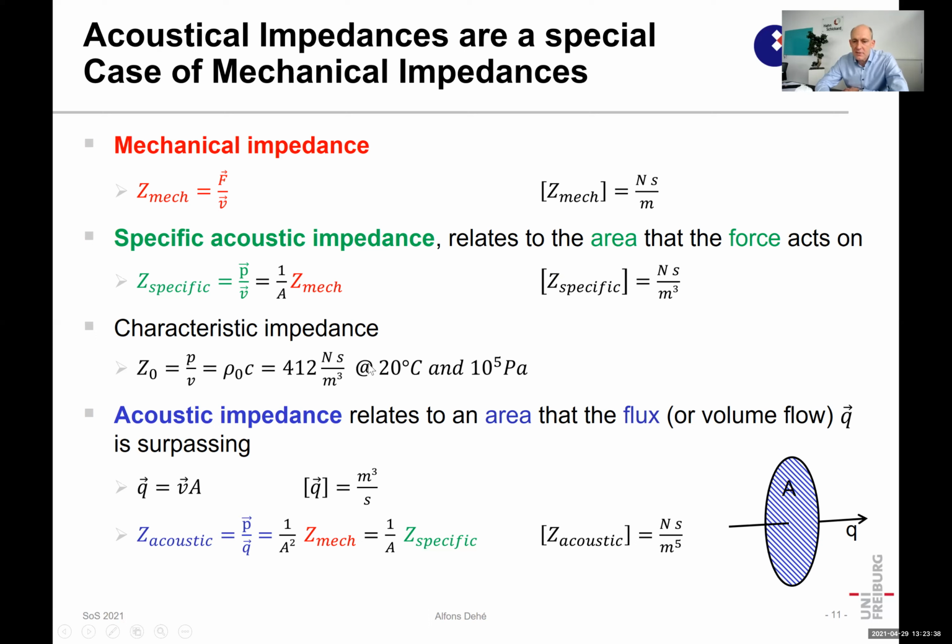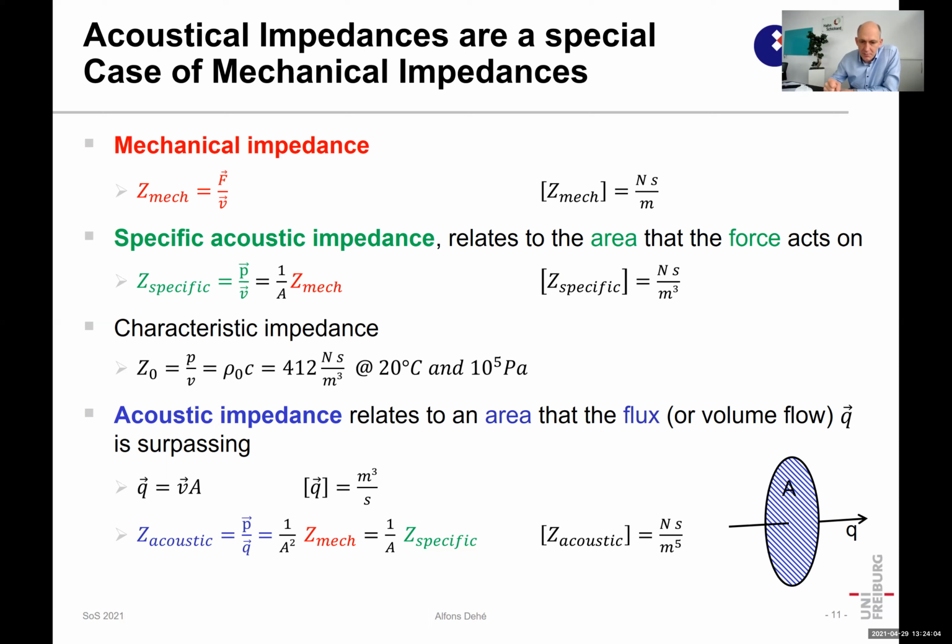This again gives 412 Newton seconds per meters cubed. This is the characteristic impedance, which we always have if we emit sound against free space, or if we receive any signals, then free space has this impedance. And if you transfer any energy, you are dealing with this impedance, of course.